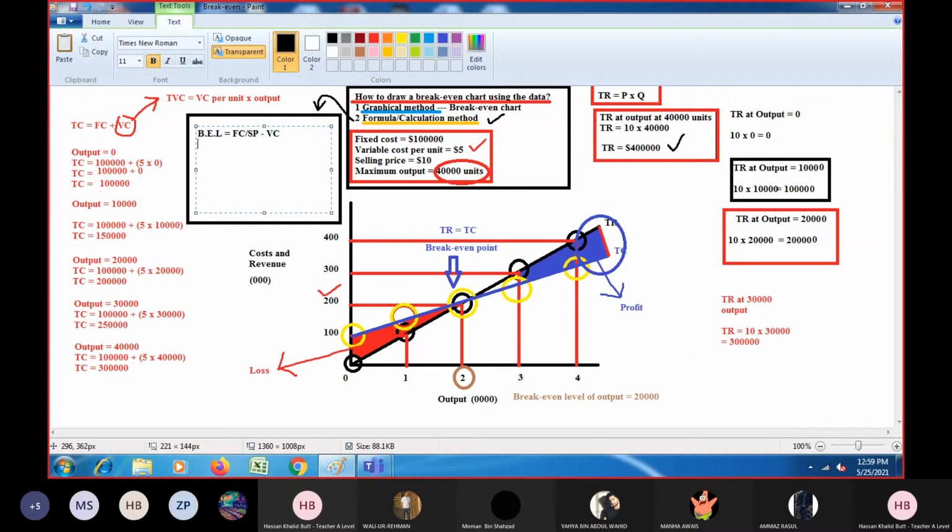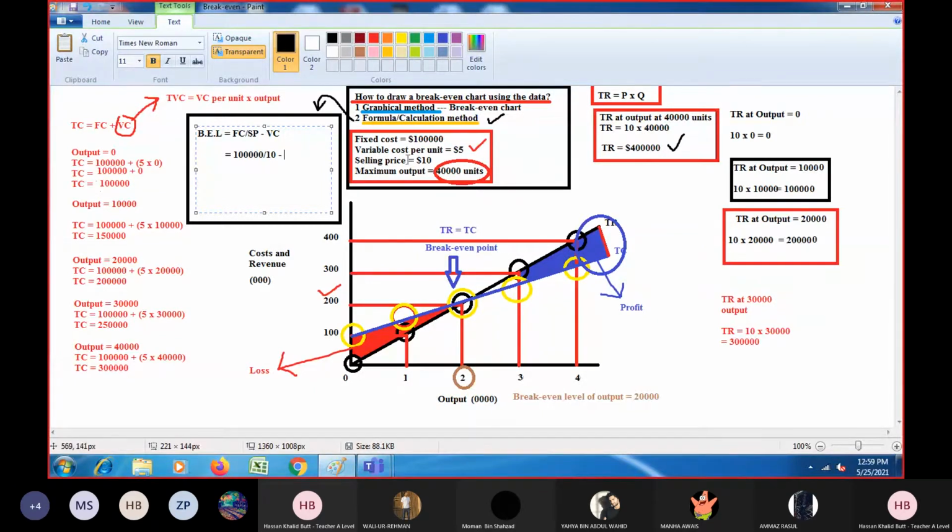Okay, now let's find it out. Break even level of output will be fixed cost, which using the data you can see is 100,000, right? It is 100,000 divided by, now what is the selling price in the data? That is $10, and minus what is the variable cost?